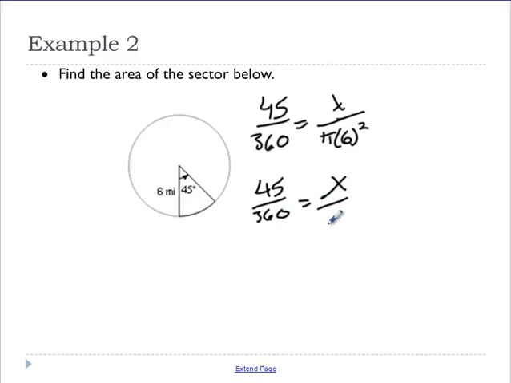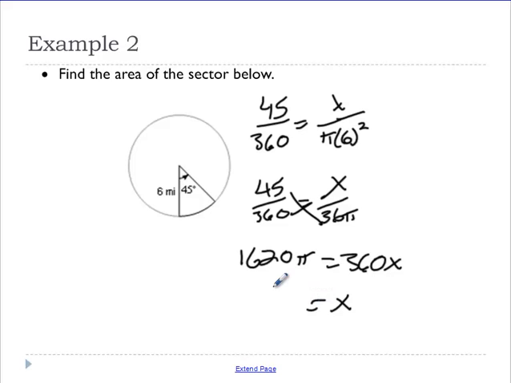I've got a calculator in front of me so I'm not going to. 6 squared is 36. So 36 times 45, you're going to get 1,620 with a pi at the end, equals 360x. When you cross multiply, I'm going to divide both sides by 360. And when I take 1,620 and divide by 360, I get 4.5. 4.5 pi.